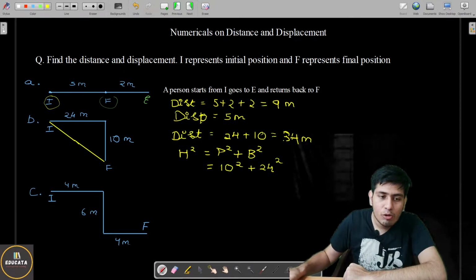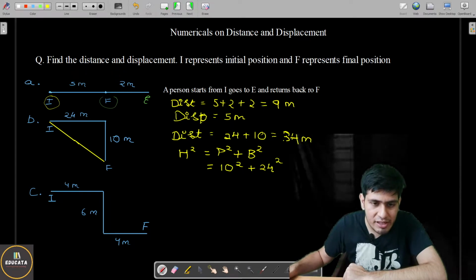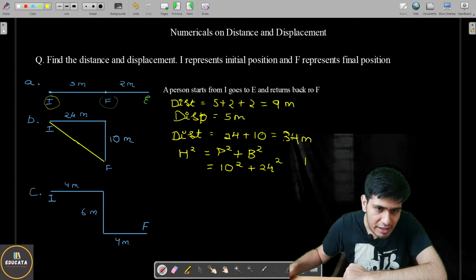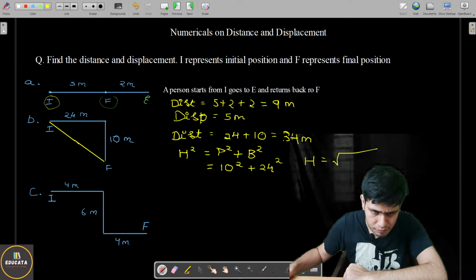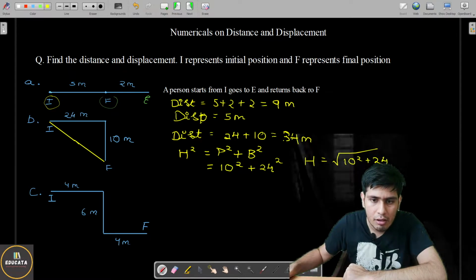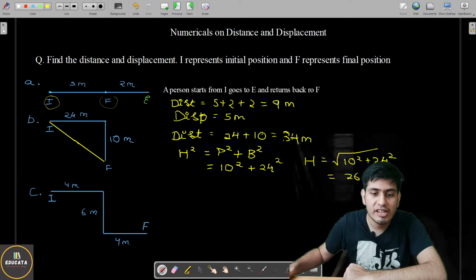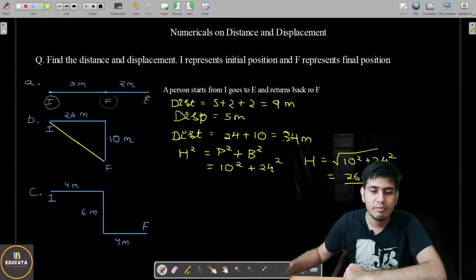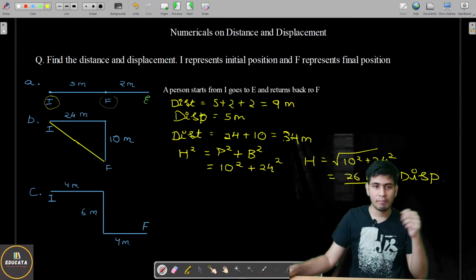Now, when you calculate all this, you will find that h is equals to root of 10 square plus 24 square, which is equals to 26 meters. So the displacement of the body is equals to 26 meter. Okay, it was also an easy problem.